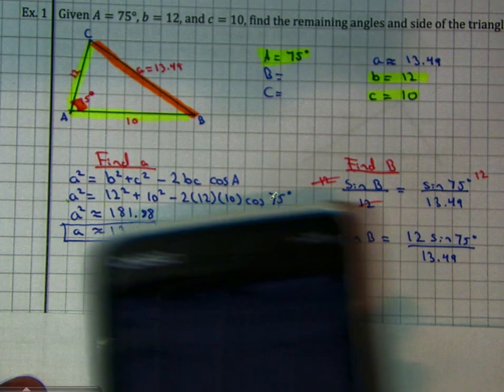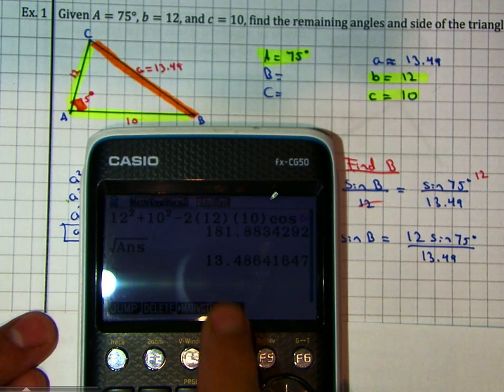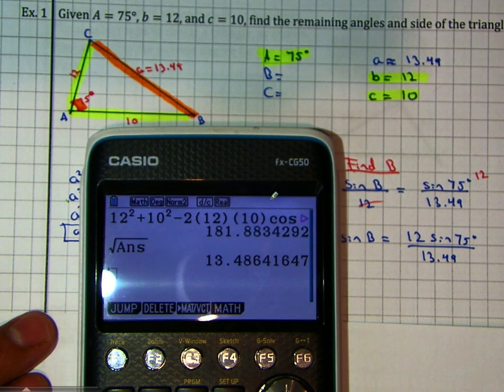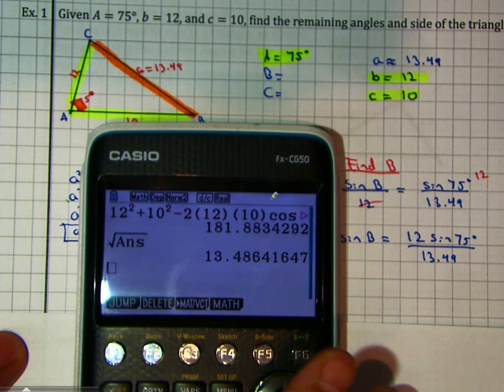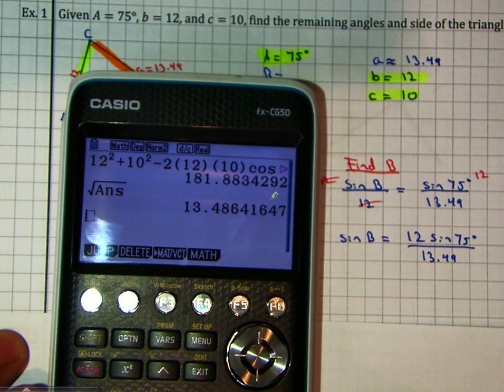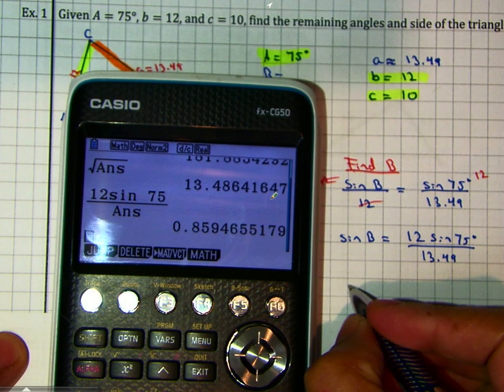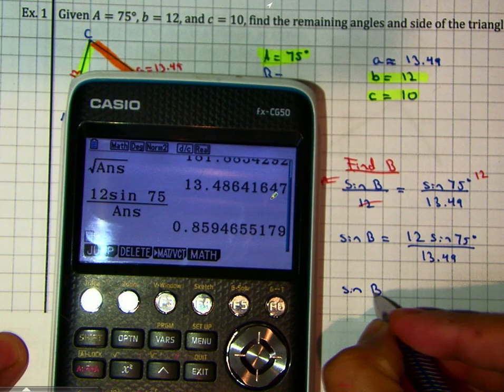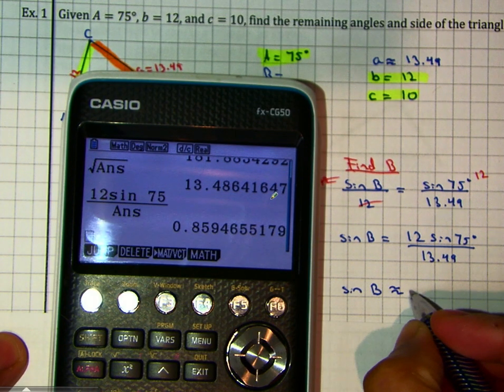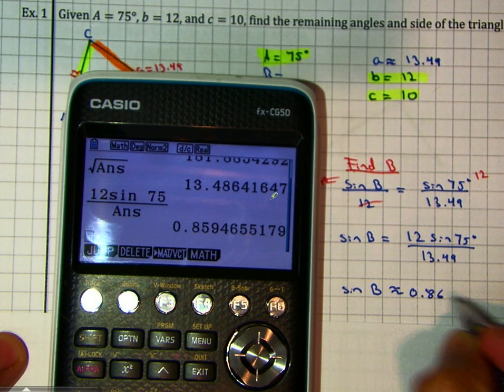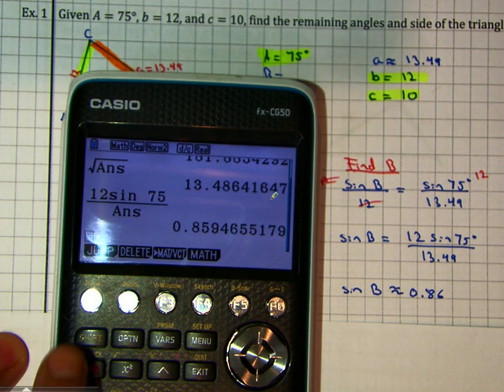Now, notice that I'm not going to type in 13.49. I still have my answer here on my calculator. So what I'm going to do is take my fraction bar, 12 sine of 75 degrees, divided by my answer. So therefore, the sine of B is approximately 0.86. And I'm going to leave that there. I'm going to take my inverse sine of my answer.